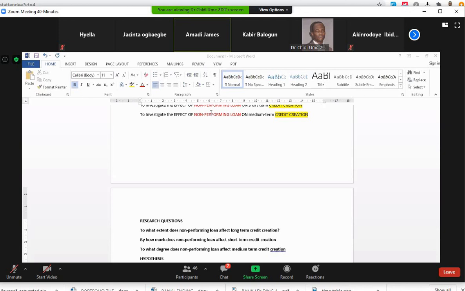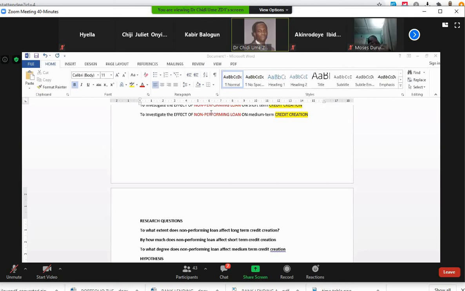Remember, you should have as many research questions as the number of specific objectives you want to achieve. And the specific objectives put together form the broad objective. The broad objective is the mother set of the specific objectives, while the specific objectives are the subsets of the broad objective. Are you okay? Yes, sir. Thank you.